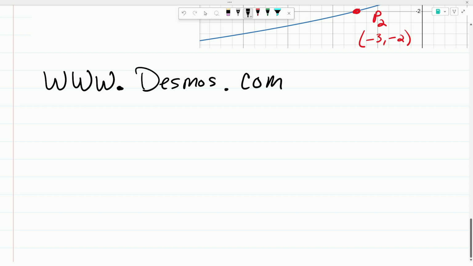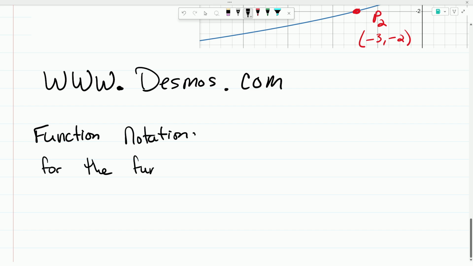Okay. So function notation. Many of you have probably seen this before. But function notation has this form right here. So for the function y equals this stuff right here. All right.